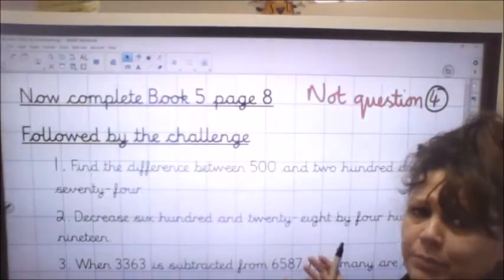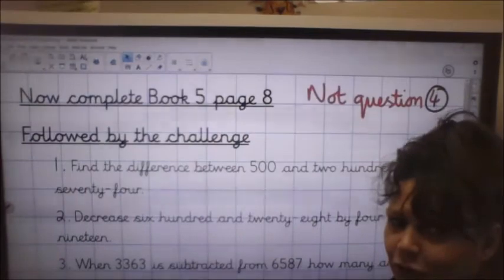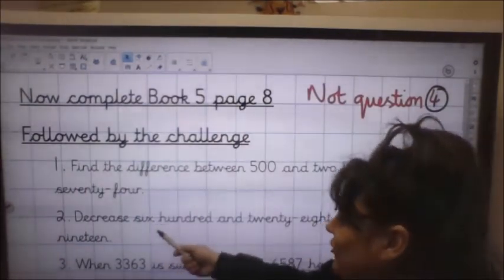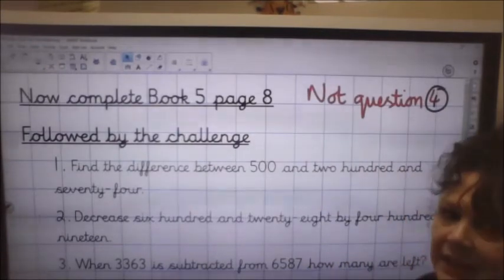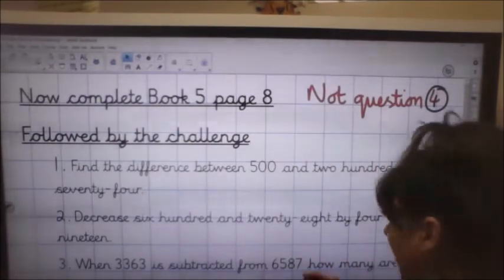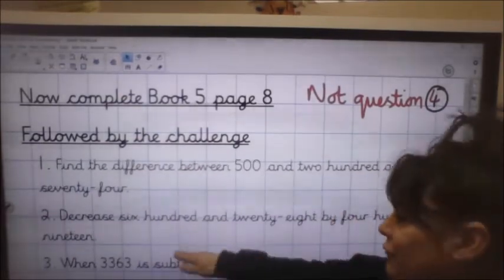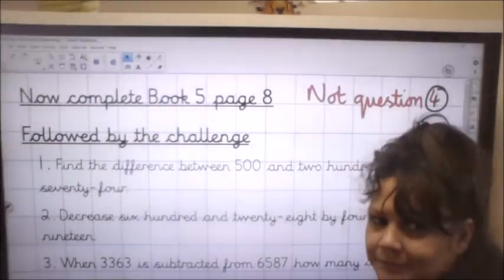Exactly the same method as you've been calculating today. Then decrease. It means the same thing. Subtract. Okay. You've got to decrease 628 by 419. So in other words, that means take 419 away from 628. Use your number line.